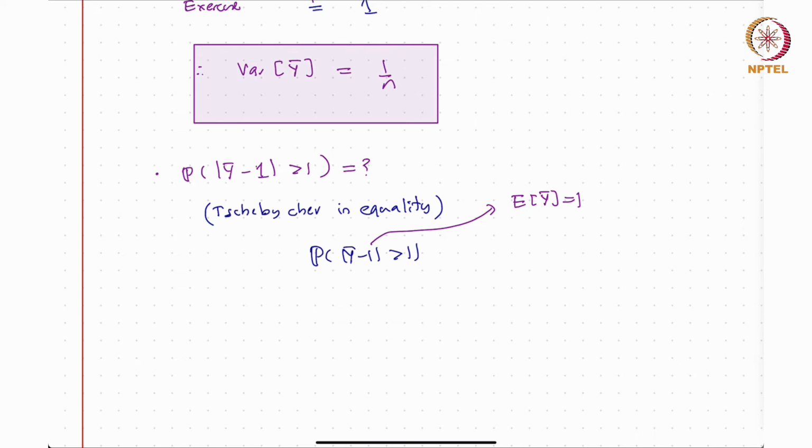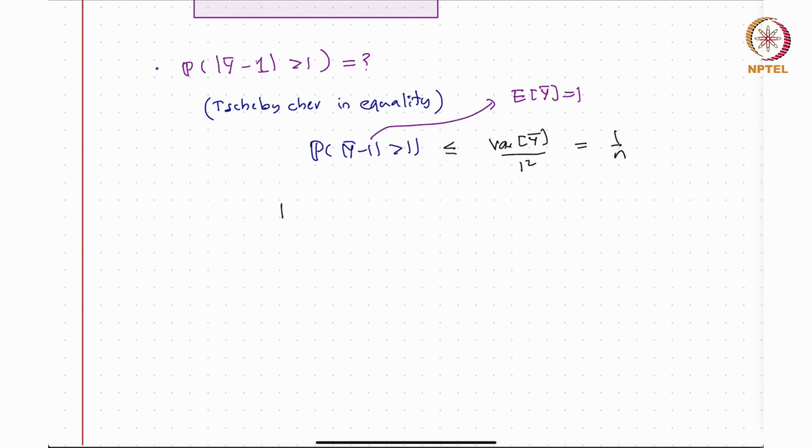By Chebyshev's inequality, this is less than or equal to the variance of y bar divided by 1 squared, and that's exactly what Chebyshev's inequality will tell you. That's going to be equal to 1 over n. So it's quite a powerful inequality: the probability that y bar minus 1 is bigger than 1 is less than or equal to 1 over n.